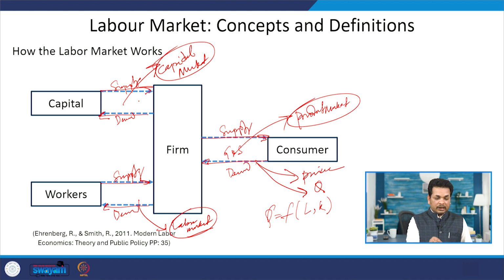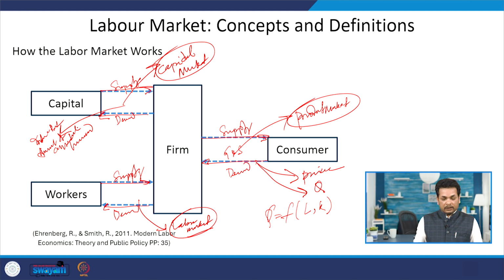The outcome of the capital market is the interest rate and the amount of capital transacted. The outcome of the labor market is the wage and the number of employment, the quantity of employment.